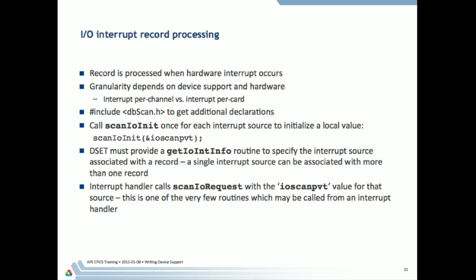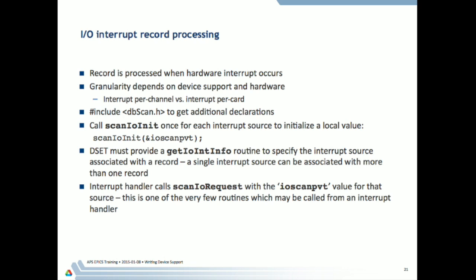And then when the interrupt happens in your interrupt service routine, you then call scanIoRequest with that self-same IOSCANPVT value. scanIoRequest is one of the few routines that we actually allow you to call from interrupt handlers. It takes care of queuing the request and so on, so it's interrupt callable.